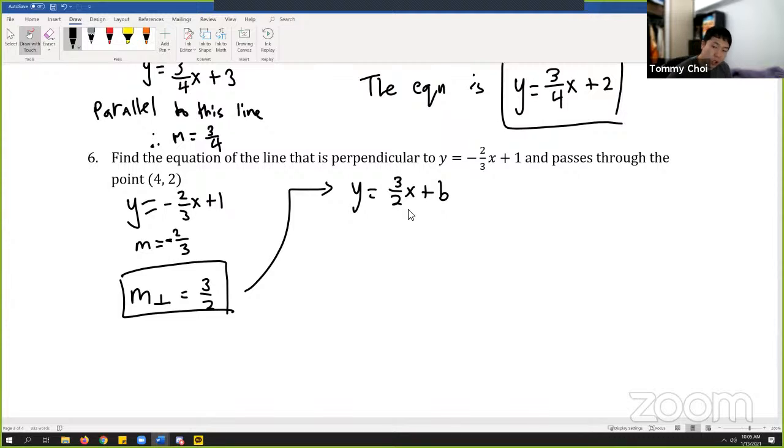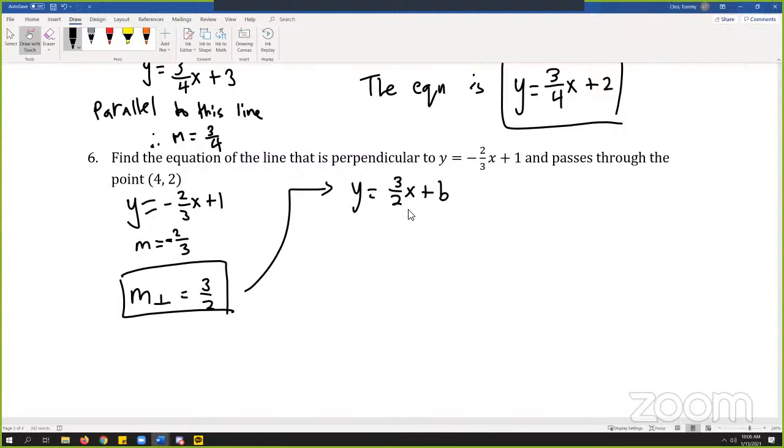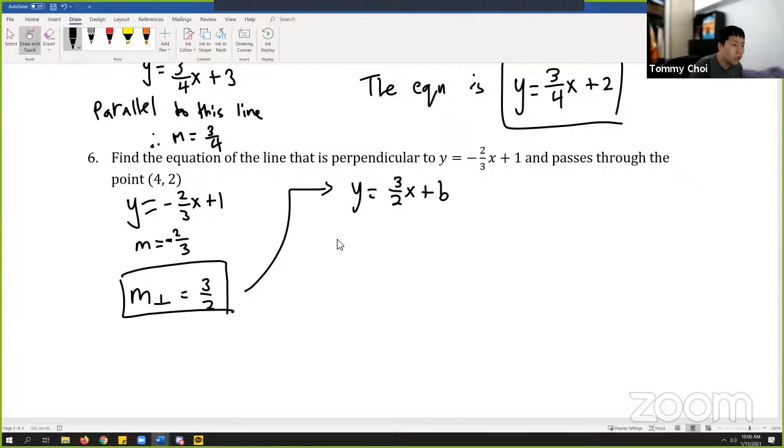So you first find the slope of the equation, and then you flip it, so -2 over 3 becomes -3 over 2, and then you multiply by -1, which gives me positive 3 over 2. I got it now. Okay. Thank you. No problem.